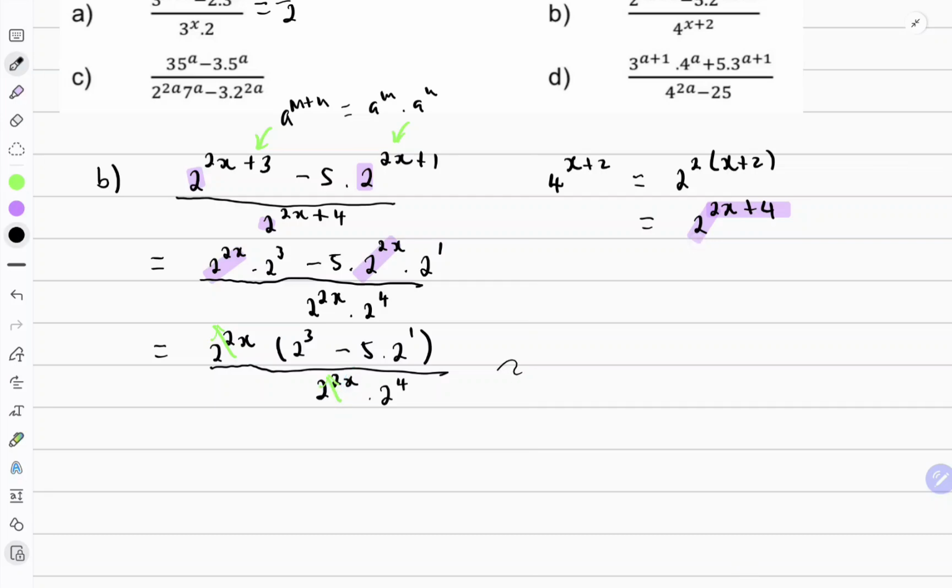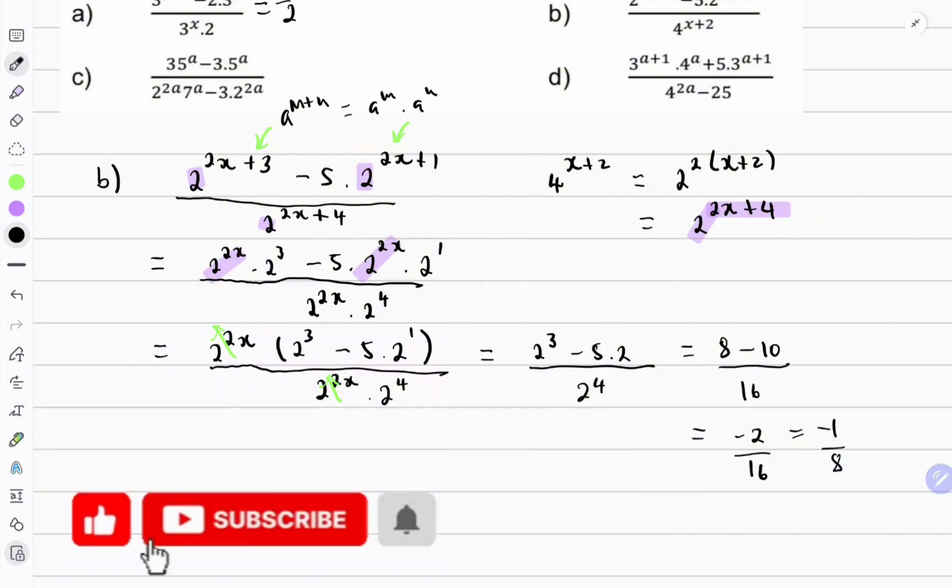So this can be written as 2 to the power of 3 minus 5 times 2, all over 2 to the power of 4, and 2 to the power of 3 is 8, minus 10, all over 2 to the power of 4, which is 16. So this is negative 2 over 16, which is negative 1 over 8.